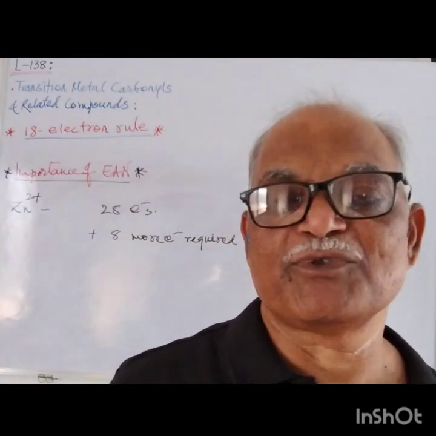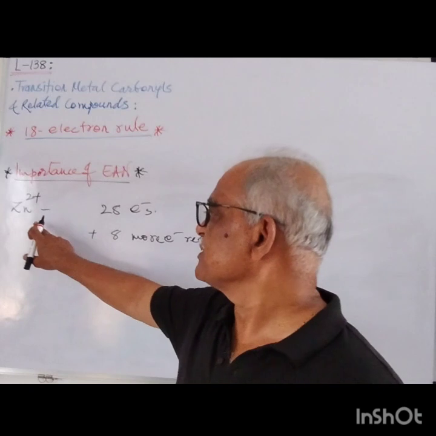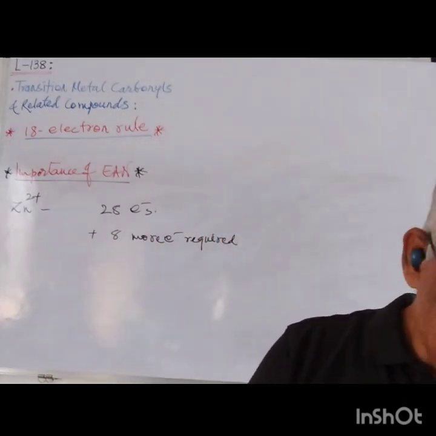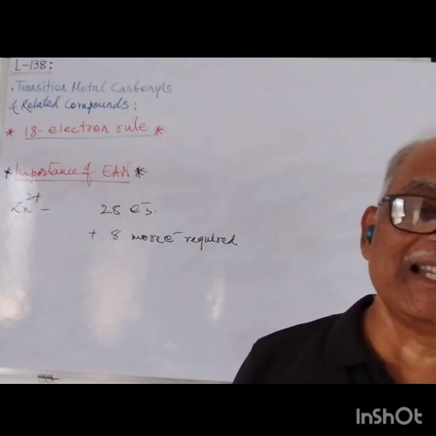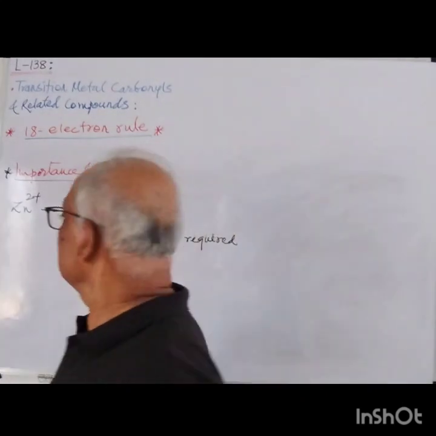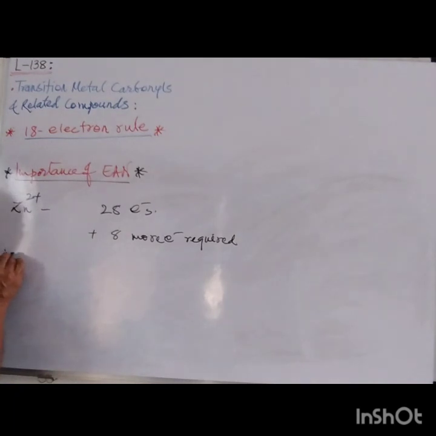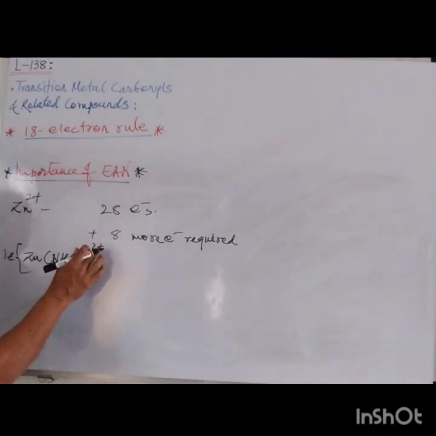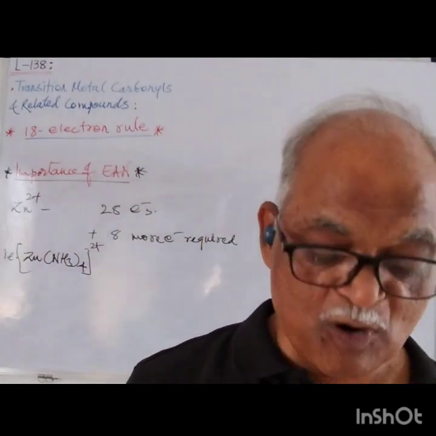Each ligand will contribute 2 electrons, so 8 divided by 2 is 4. So it requires 4 ligands, and this zinc will form the complex [Zn(NH3)4]2+. With the formation of such a complex, the zinc will satisfy its requirement of effective atomic number.